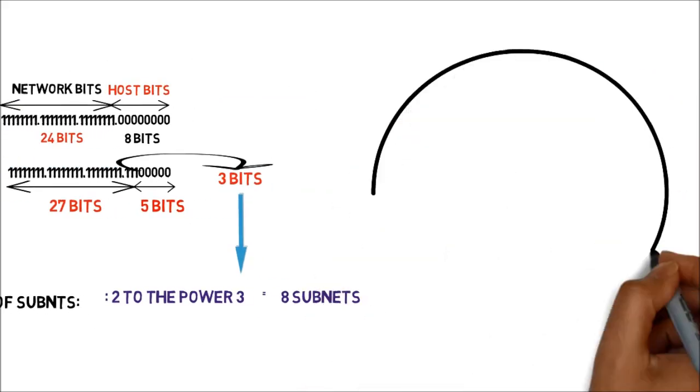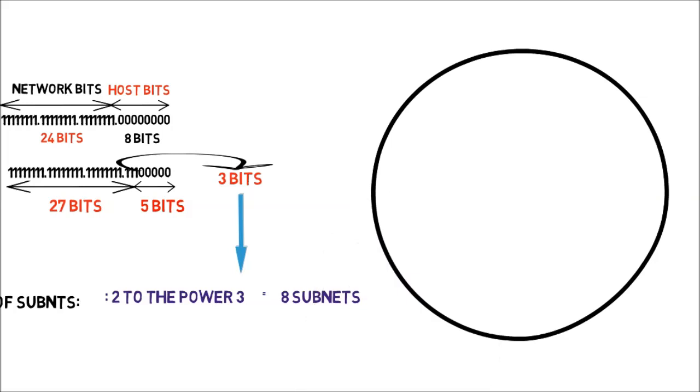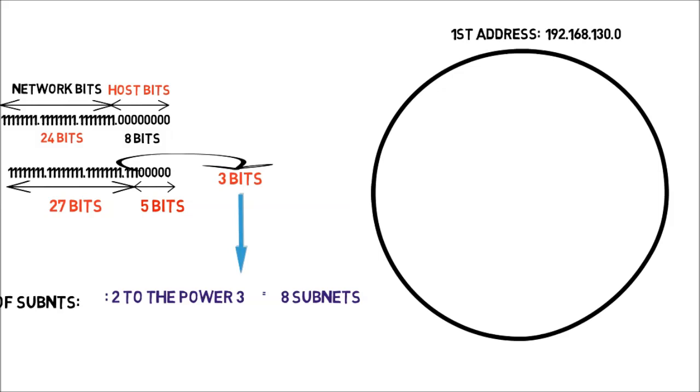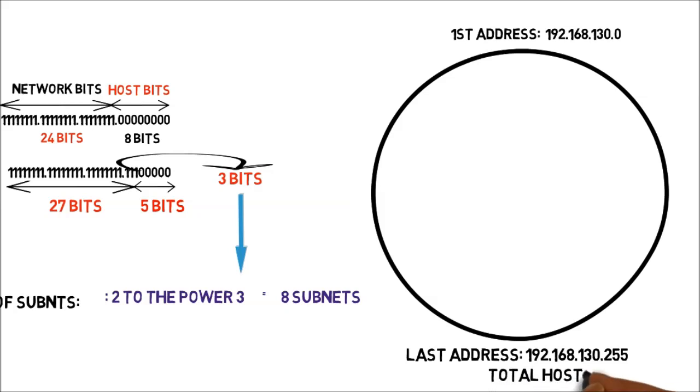Now the whole block, from the first address 0 to the last address 255, has a total of 256 hosts. These 256 hosts will be divided into 8 subnets.